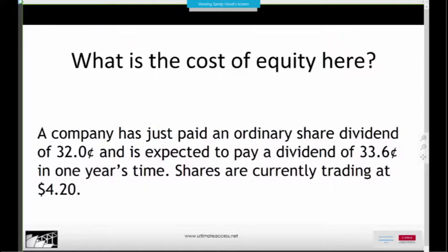And the current shares are trading at $4.20 or 420 cents, if you wanted to put it all into the same denomination. Can you work out what the cost of equity here is? We can use that formula that I was showing you a minute ago. Next year's dividend divided by the current share price plus the rate of growth.